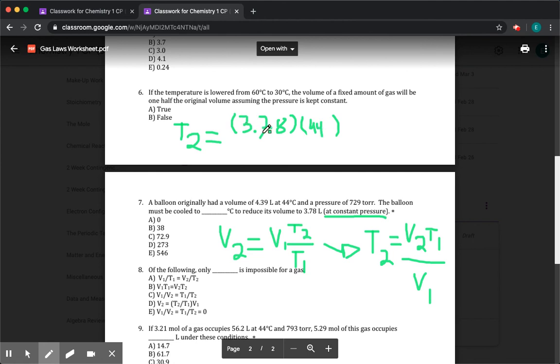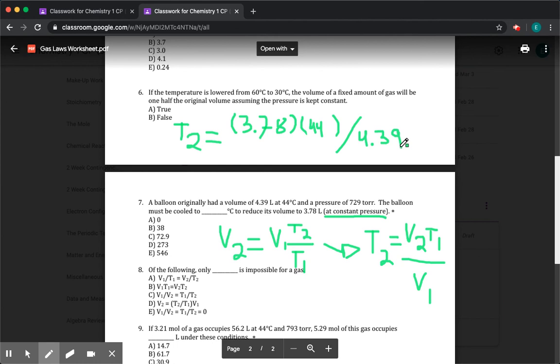So 3.78 times 44 divided by what is the old volume? 4.39. Plug your numbers in. Let's see what we get. 3.78 times 44 divided by 4.39.